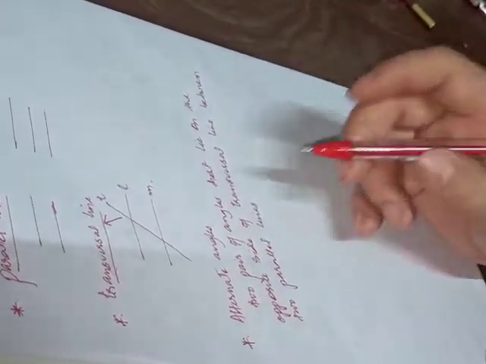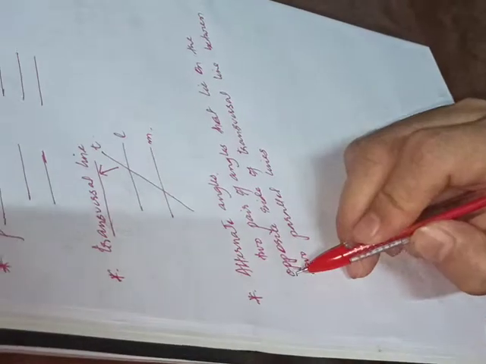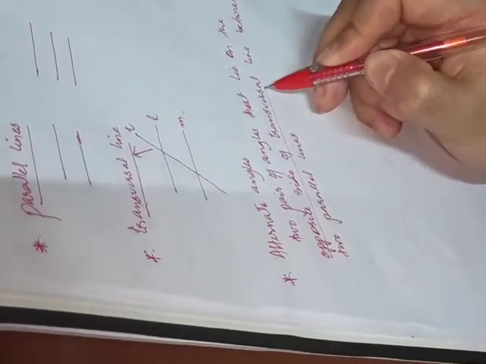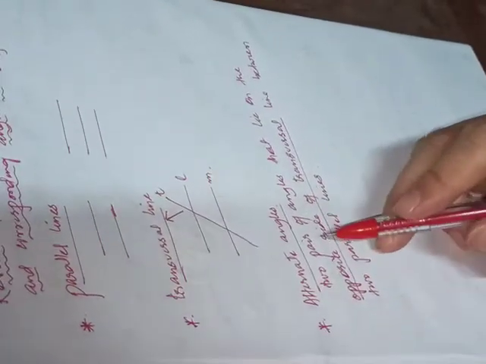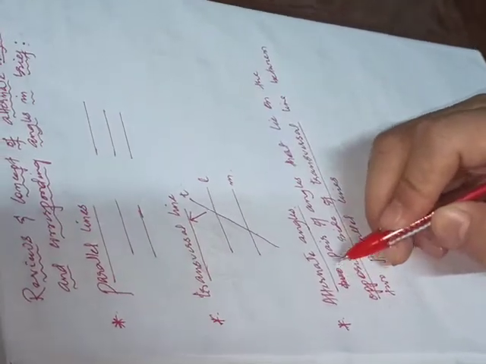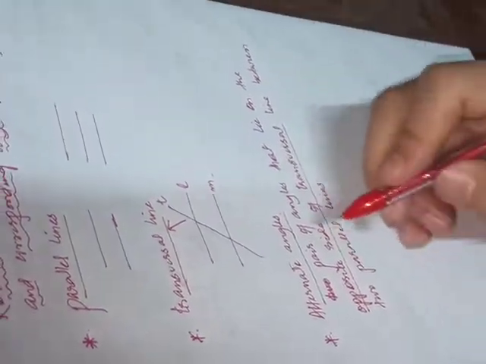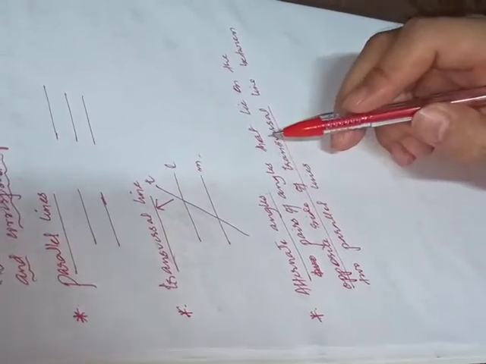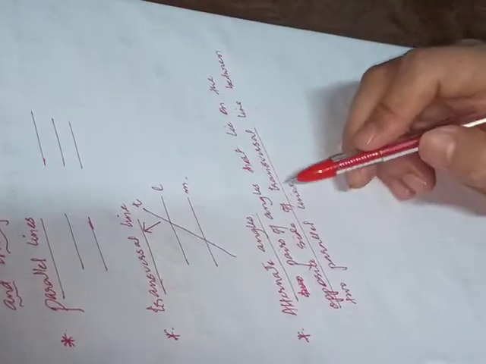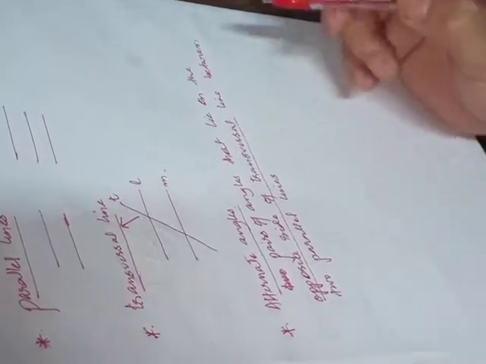Is it okay? What I want you to pay attention to here is the opposite side of the transversal. So, alternate angles are pairs of angles that lie on the opposite sides of a transversal line between two parallel lines.